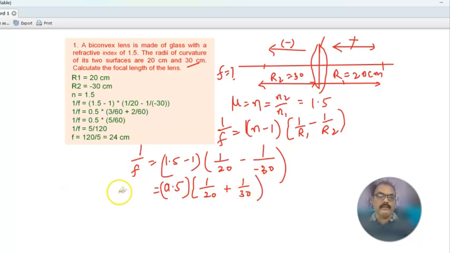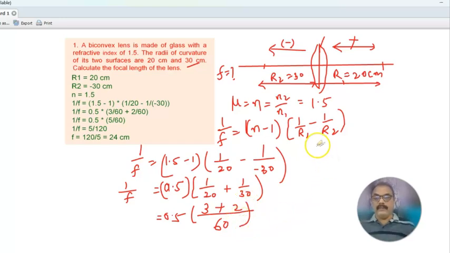So now you can see 1 by f is equal to this. 0.5 into the bracket, and 20 and 30, you can take the LCM. Many students in 12th class know LCM, so that will become 60. When 60 is divided by 20, it becomes 3, plus 60 divided by 30, which becomes 2. Then you will get the result. So you can calculate the LCM, and I will also tell you how to calculate it.